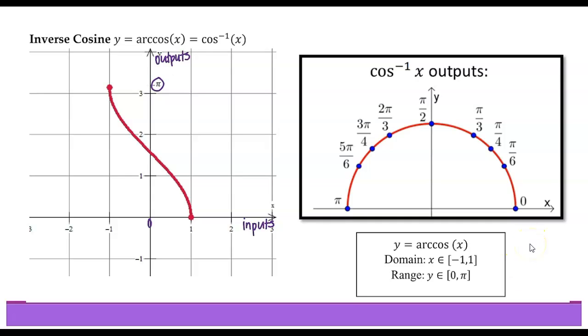So that means the values that come out of cosine inverse's outputs can be found in quadrants 1 and 2 of the unit circle. In quadrants 1 and 2, I extend from angles between 0 and pi. So I'm going to ask you to remember that the only values that can come out of cosine inverse are in quadrants 1 and 2, specifically the angles 0 to pi.